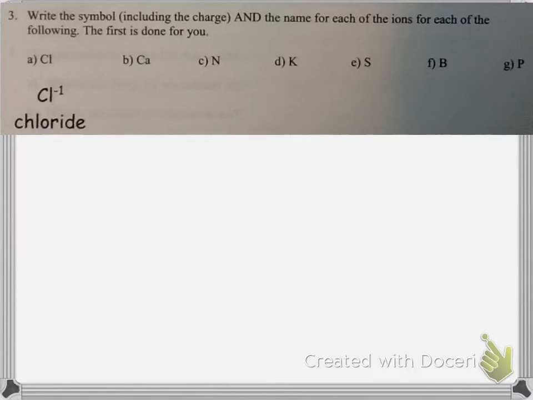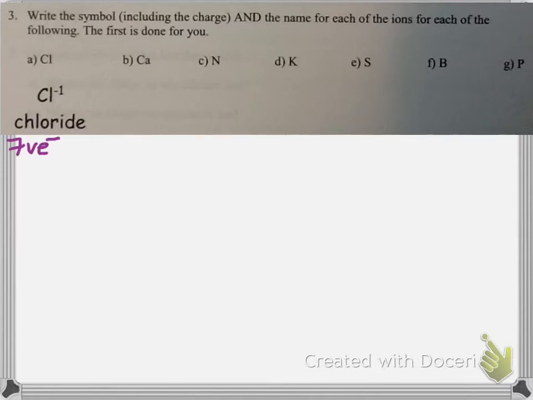Question number 3. Write the symbol, including the charge, and the name for each of the ions for each of the following. The first is done for you. So again, to talk through this example, for chlorine, when I find chlorine on my periodic table, it is in group 7A, so it has 7 valence electrons.